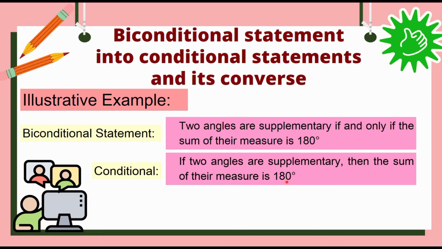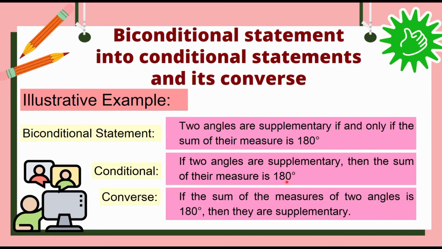So now our converse is: if the sum of the measures of two angles is 180 degrees, then they are supplementary. So that is the conditional statement and the converse statement from our biconditional statement.